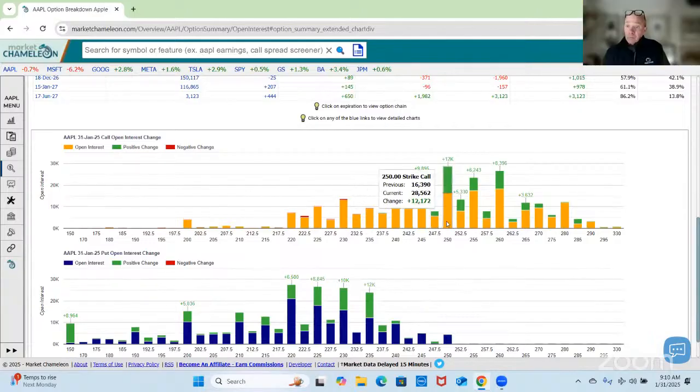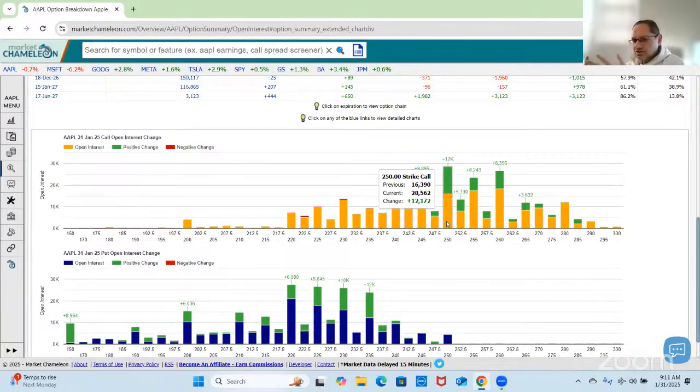So this just lets us know, okay, were there a lot of positions on those options? We know that Apple just reported earnings, and there could now be activity around those strikes, because people are holding positions, and they'll be either rehedging them, closing out of them, or liquidating them.